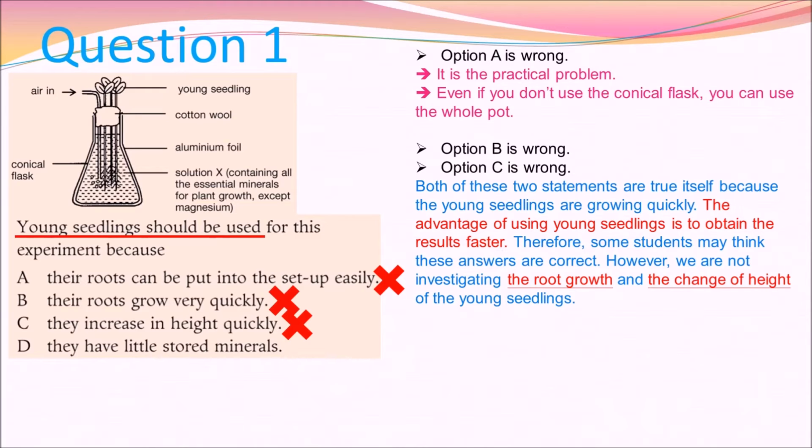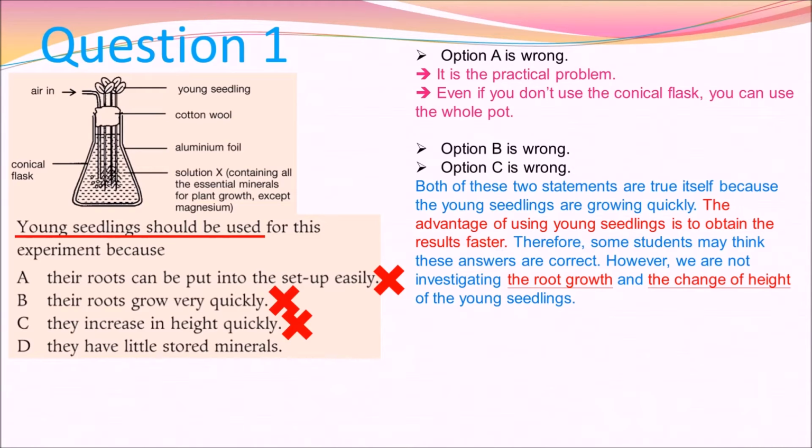If we pick B as the answer, we use young seedlings because the root can grow quickly, so I choose it. Someone may challenge you: why do you pick the root growth as the only criterion to determine the growth condition?